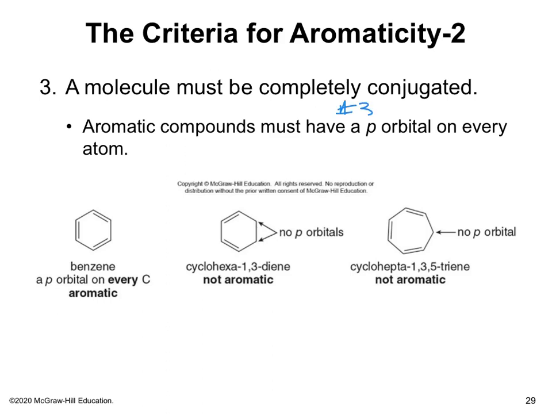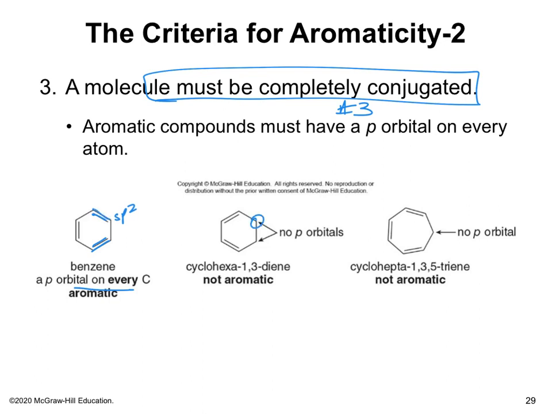Number 3, your molecule must be completely conjugated. So every carbon here is an sp2 carbon, so it's alternating double and single bonds. Here, these are sp3 carbons, so this is not going to be aromatic because it's not fully conjugated.